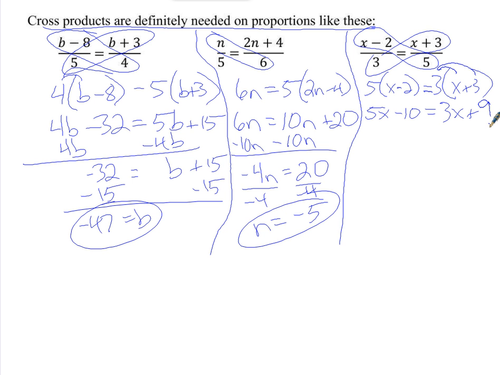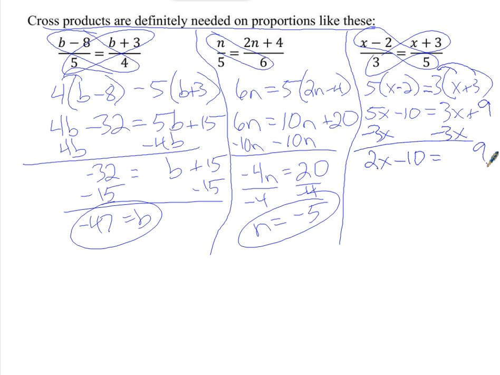Okay, and now after we distribute, we combine like terms. Do we have any like terms to combine? No, so now I've got a positive 5x, a positive 3x, and a number and a number. I've got to move this x over here, so minus 3x, minus 3x. That gives me minus 10 equals 9.